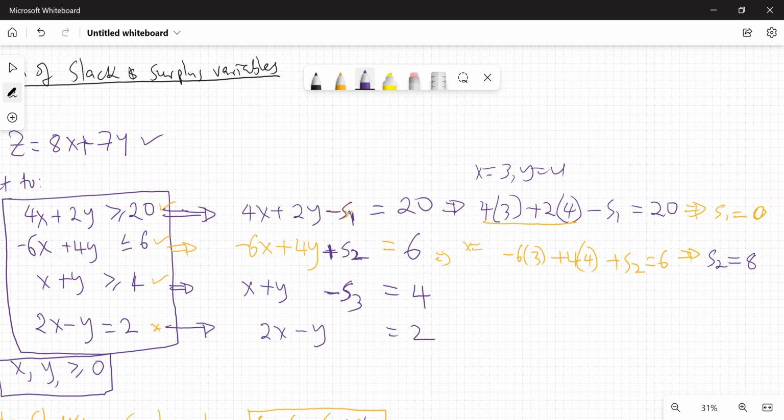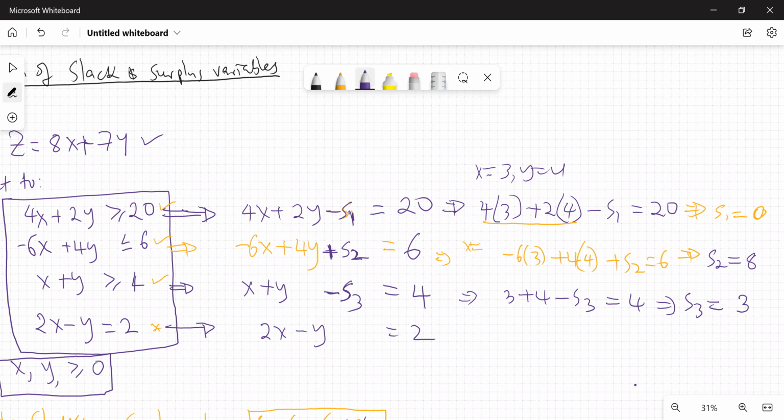Then in this case, we have 3 plus 4 minus S3 is equal to 4, implying that S3 is equal to 7 minus 4, which is 3.